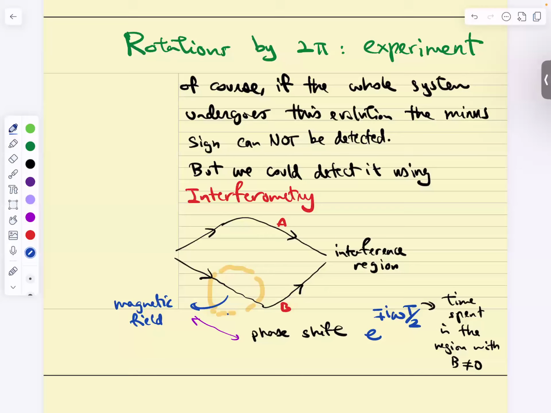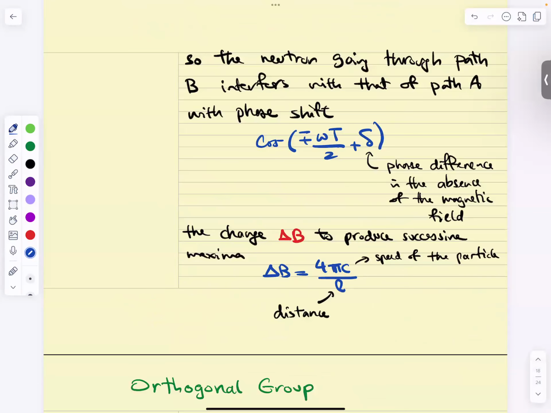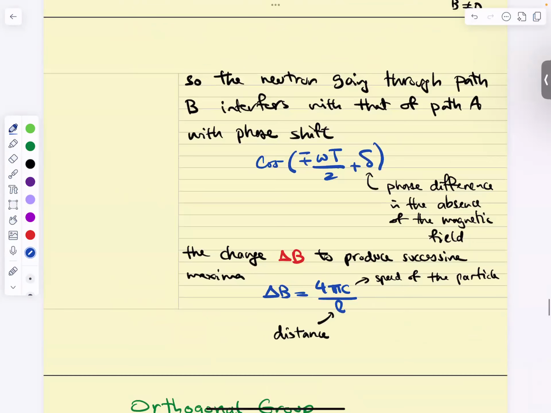So let's explain that in a little more detail. Well, actually, it's not more detailed, but it's basically what it is. When there is no magnetic field, so the time they're exposed to it is 0, there is some cosine of theta, the phase difference at the point. Then as you turn on the magnetic field and one of the particles is exposed to it for some time t, there are these extra phases.